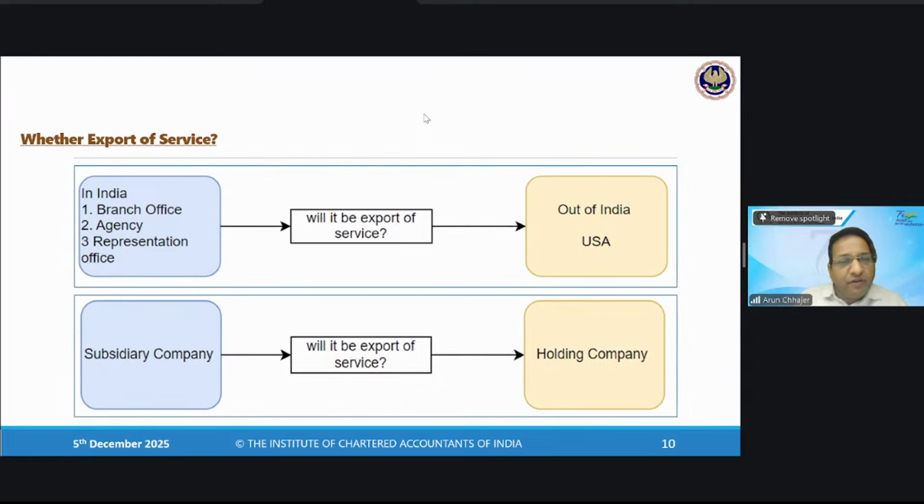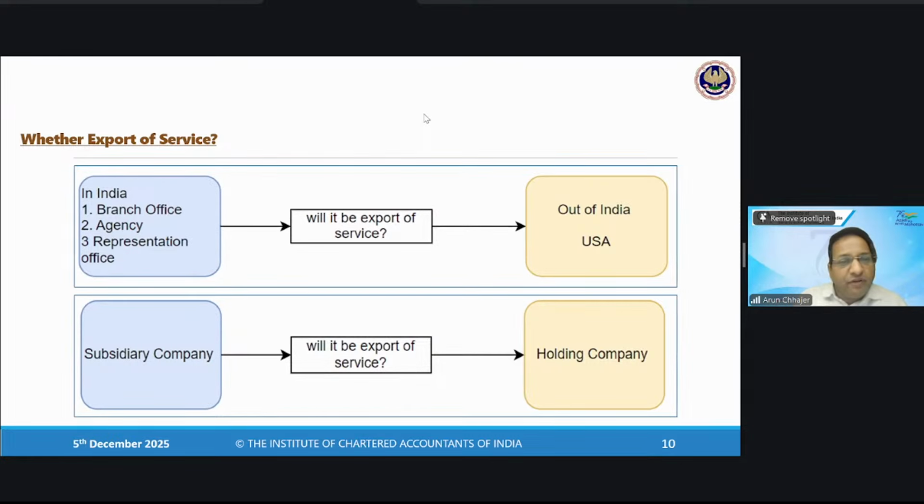The first point is whether there is a branch office, agency, or representation office in India for a company located outside India. So there is a company in the USA which has a branch office, agency, or representation office.